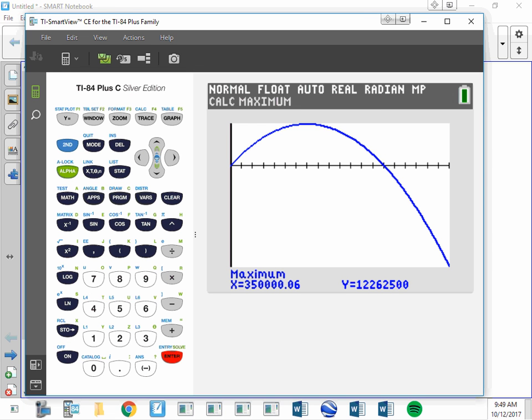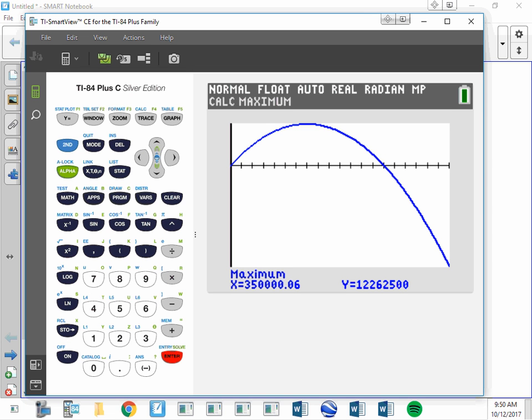You do have to be a little bit careful of pushing enter on your bound because it might be off. The calculator sometimes gets a little upset. So I have $350,000.06. What about that 6 cents? That is a mistake. The calculator made a mistake.